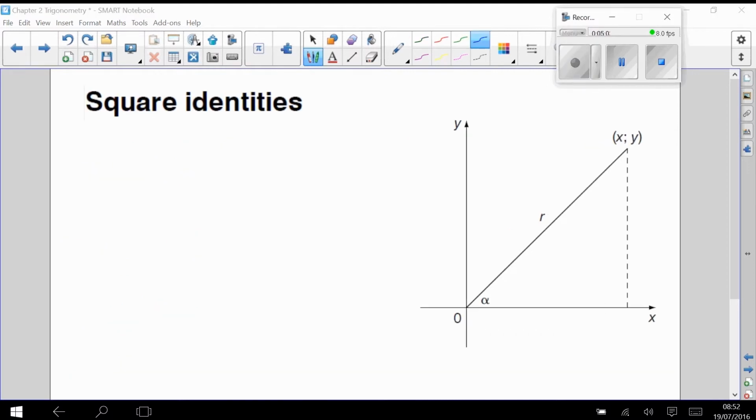My second square identity starts with the expression of 1 plus tan squared of my angle. Now, changing this ratio to its numerical ratio, that could give me the statement of 1 plus tan squared of alpha is the same as writing 1 plus y all over x all squared, which is going to be y squared all over x squared.